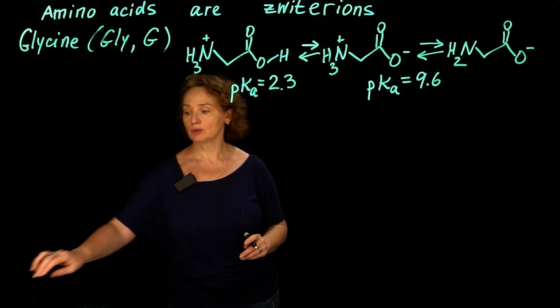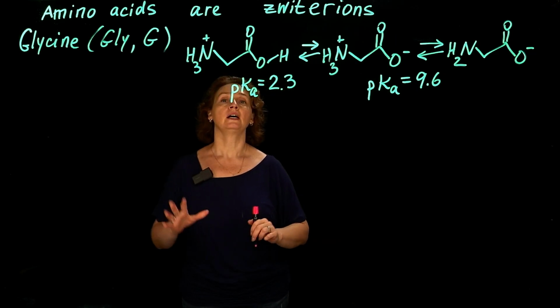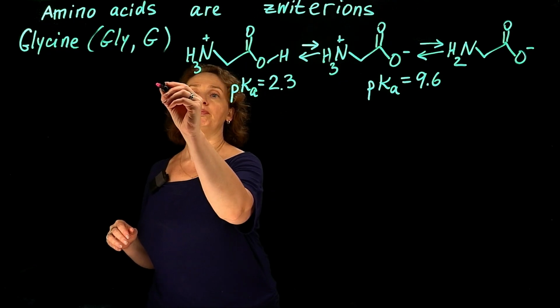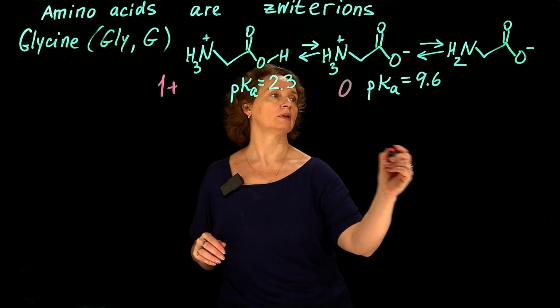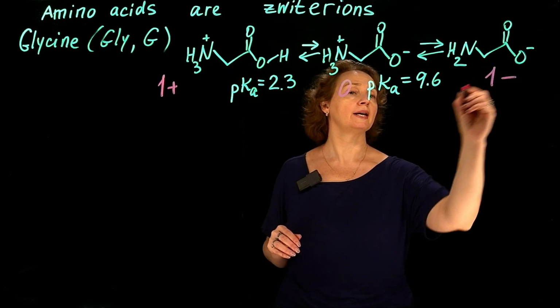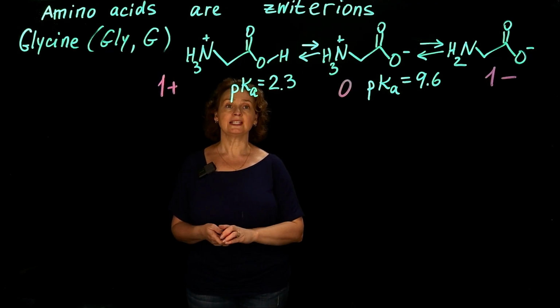So here you can see how the charge of glycine switches from 1 plus to 0 to 1 minus, depending on the pH.